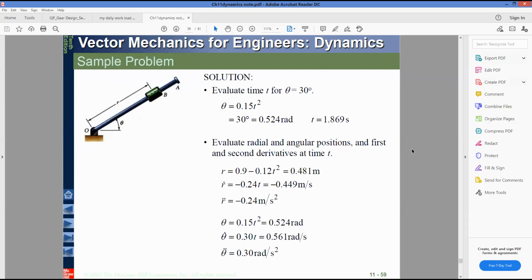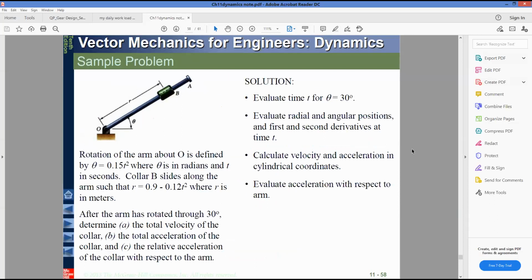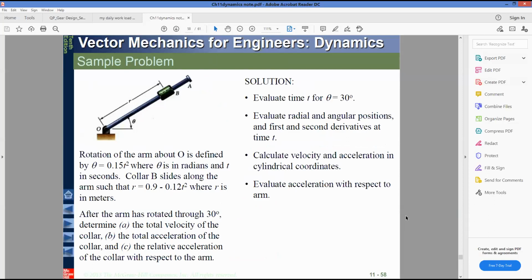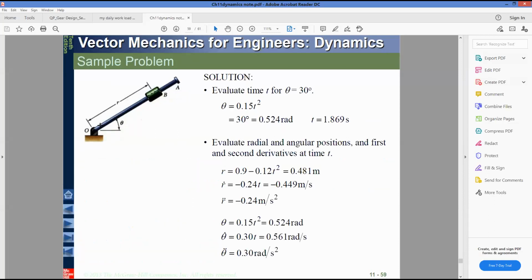Now for the radial position, R is equal to 0.9 minus 0.12 t square, which is the length in terms of the equation provided.